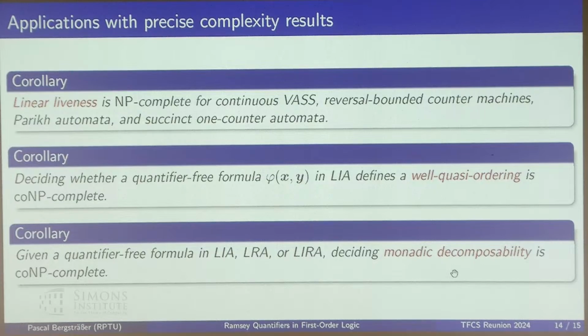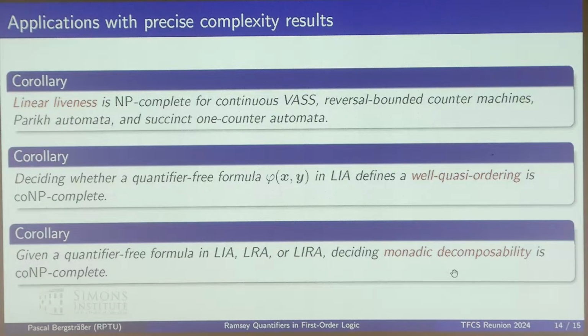For example, continuous vector addition systems with states, and reversal-bounded counter machines, where we can also allow one counter to be unrestricted. Reversal-bounded means I change the mode from decreasing to increasing and vice versa at most a bounded number of times. Then we have Parikh automata and one-counter automata.